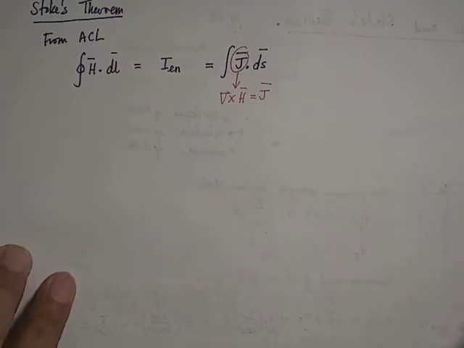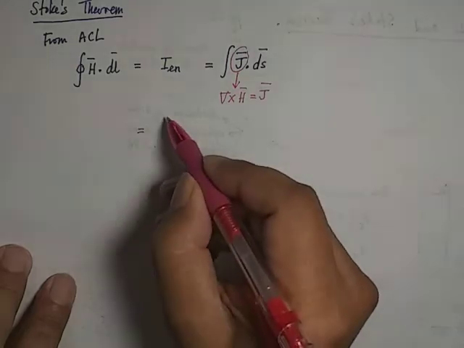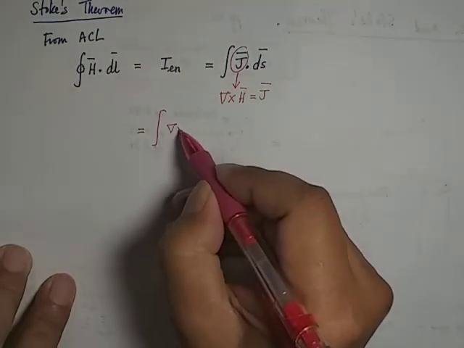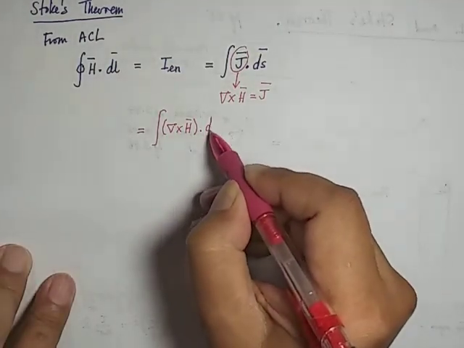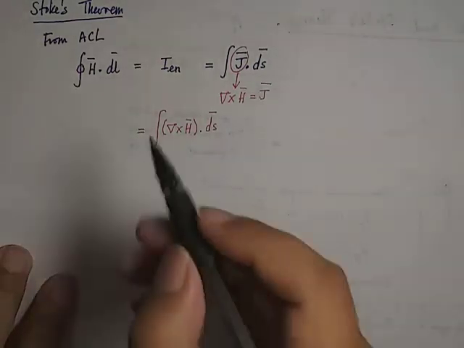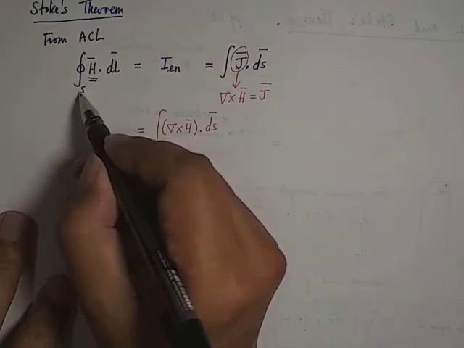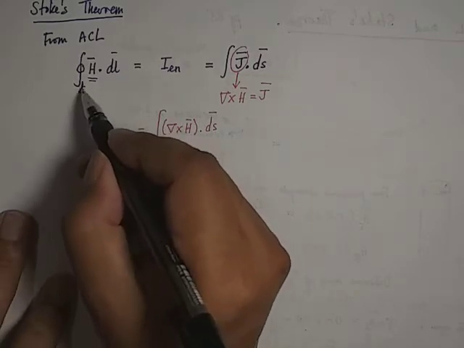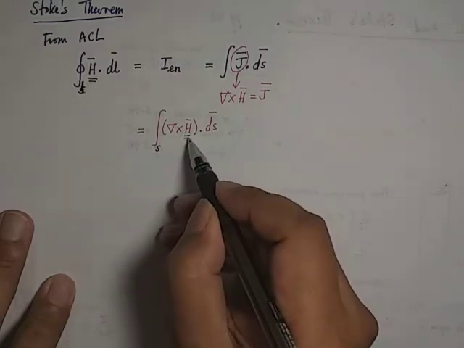Now, what we can conclude for this equation, the right-hand side can be written as the integration of curl of H dot ds. So what we can see from this equation is that if you want to convert a line integration to become a surface integration, we just need to use this equation.